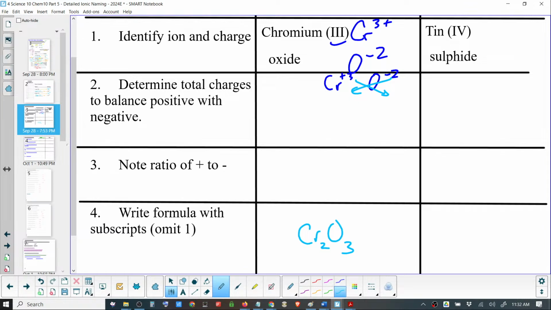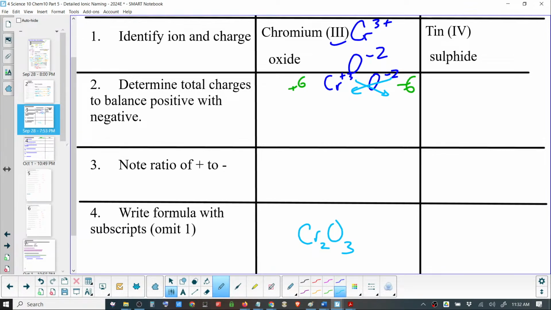Now, the reason it works is because, I'm going to do it also the long way every time. I'm going to show you when it doesn't work and how you can fix it so it still does. What number do 3 and 2 both go into? 6. And overall, the compound has to be neutral, so it has to be plus 6 and minus 6.